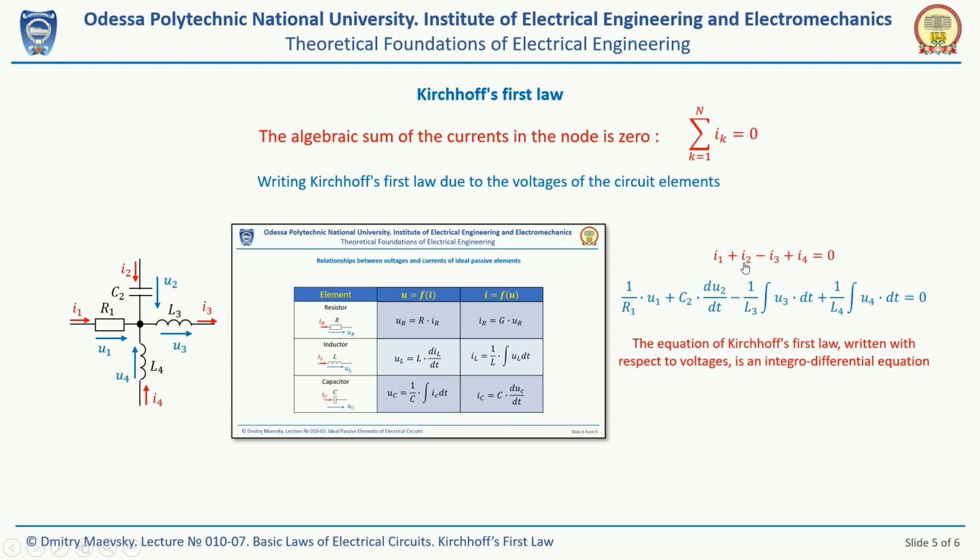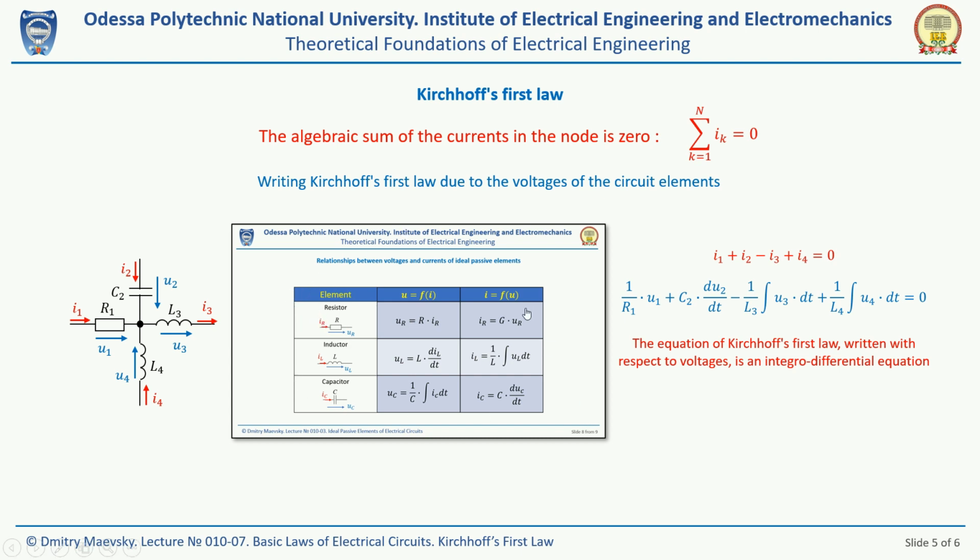I1 plus I2 minus I3 plus I4 is equal to 0. But let's remember that from lecture number 3 of this topic, we know the relationship between voltages and currents of passive elements. The relationships are summarized in this table.